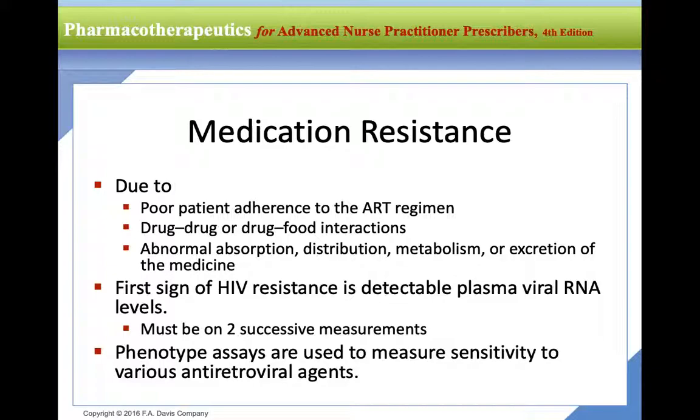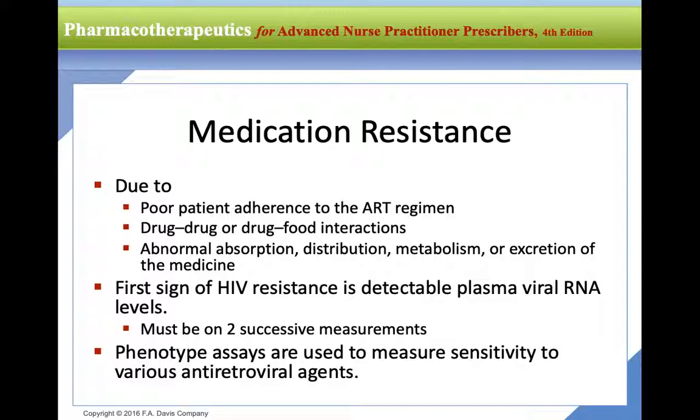Medication resistance can be due to poor adherence, drug interactions. There's a lot of them. I'm going to repeat that again. There are a lot of drug interactions with these medications. They go through our major cytochrome P450 enzymes. Any patient you have on HIV medication, when you start a new medication, you need to run a drug interaction check.